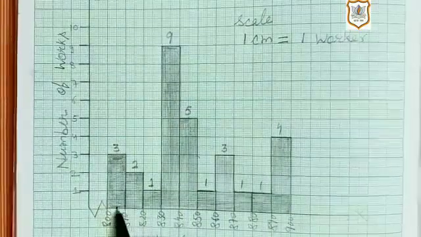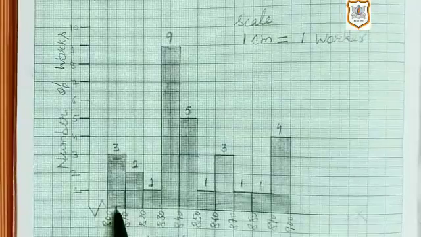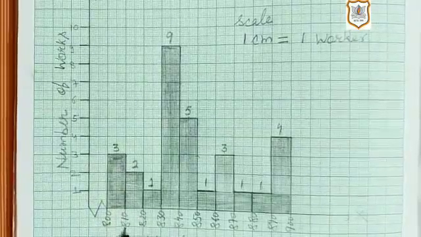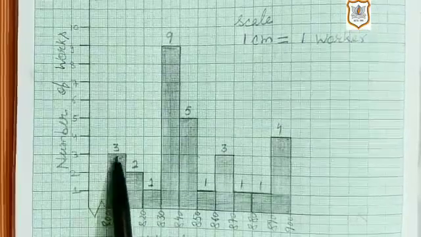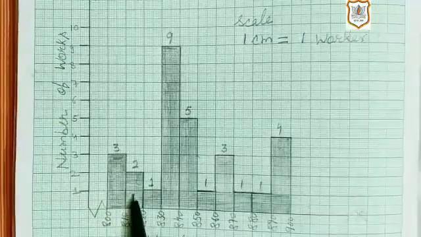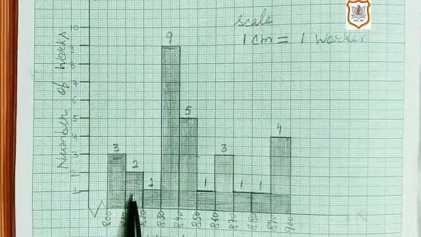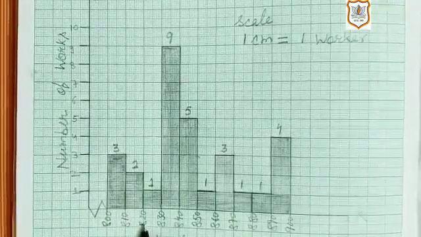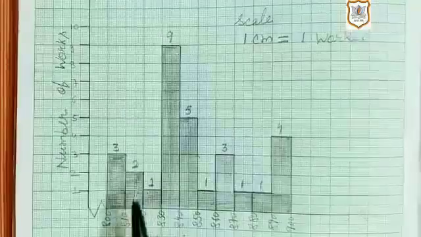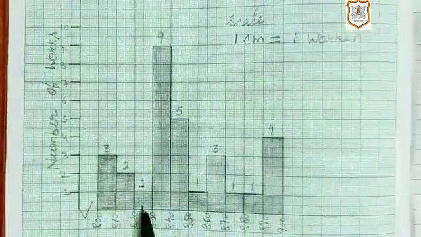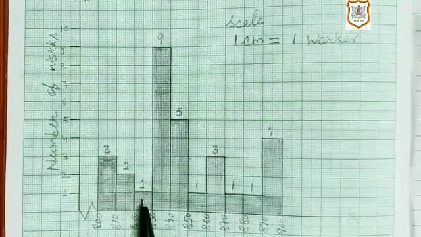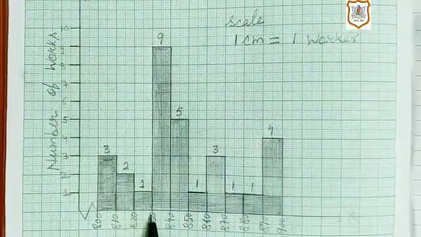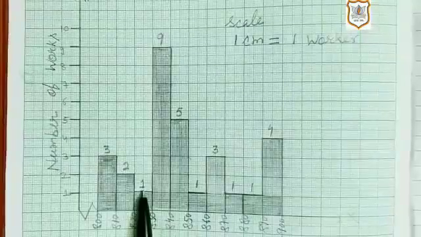The height of this bar shows the frequency of class interval 800 to 810, that is 3. The height of this bar shows the frequency of class interval 810 to 820, that is 2. For 820 to 830, it is 1.